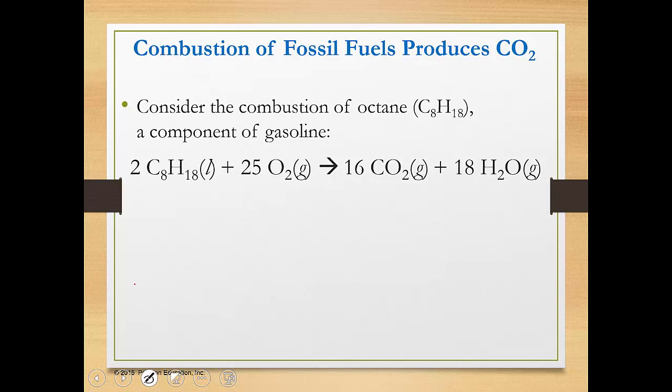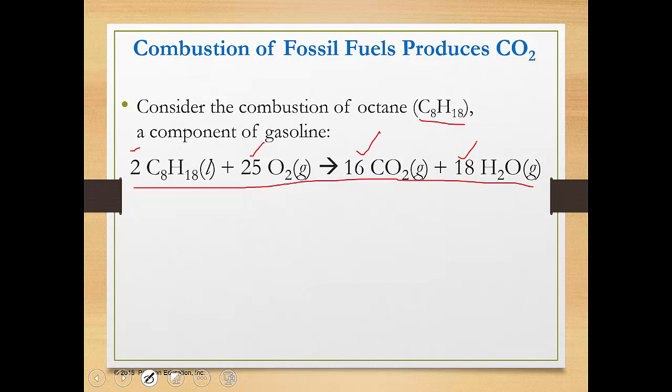Well, if we look at the combustion of octane, which is C8H18, and one of the components of gasoline, here is our balanced equation for that combustion. So for every 2 moles of octane, we're using up 25 moles of oxygen, and we're producing 16 moles of carbon dioxide and 18 moles of water vapor.